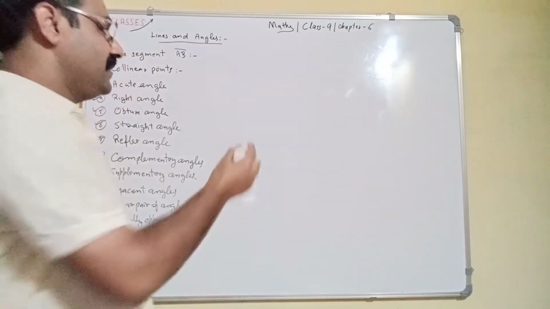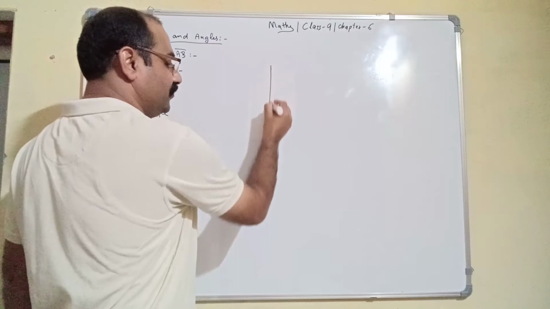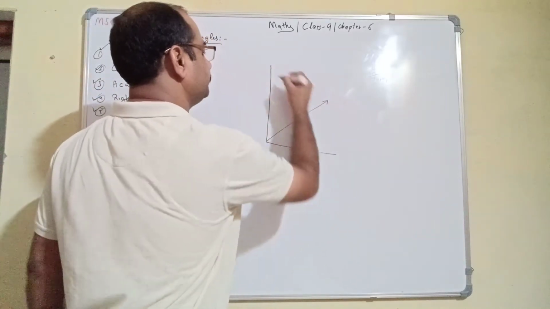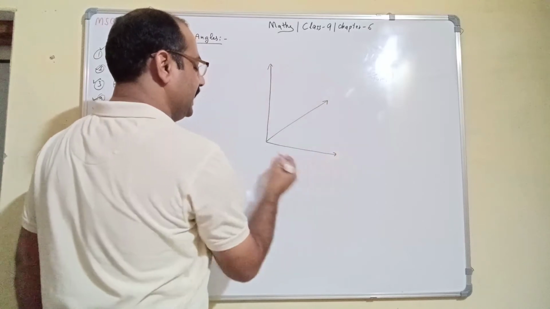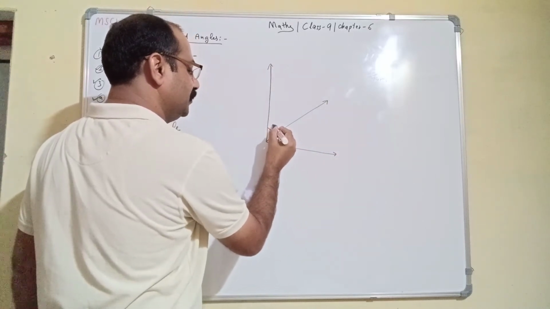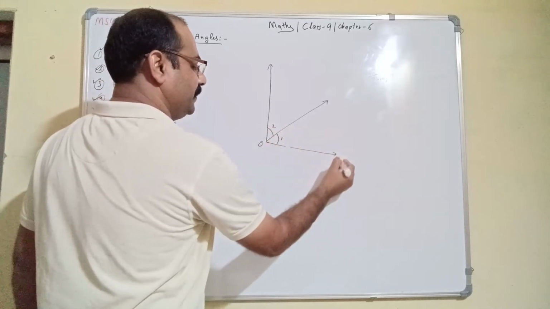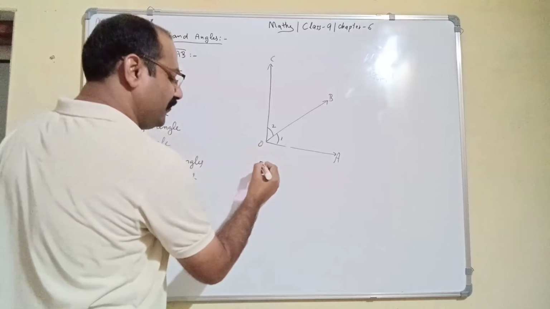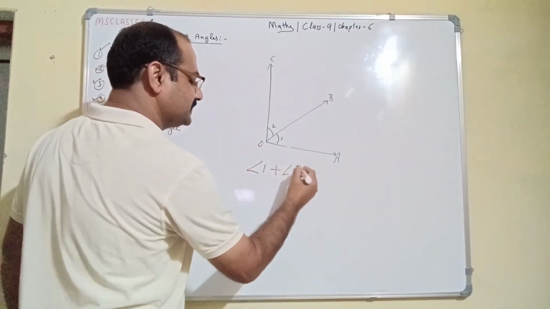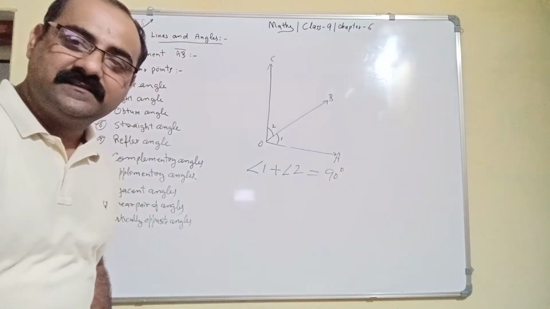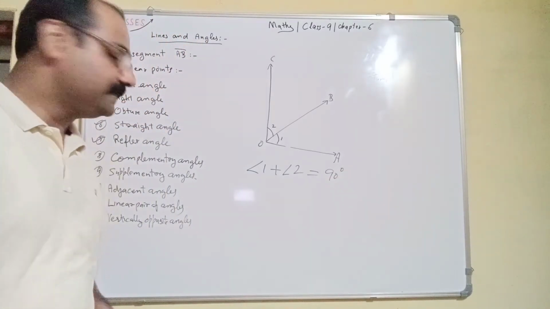After that, complementary angle. When the sum of two angles is 90 degrees. Let we have two angles, angle 1 and angle 2. So O, A, B, C. The sum of the two angles, angle 1 plus angle 2, is equal to 90 degrees. Then these angles are complementary angles.